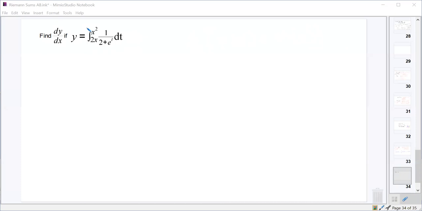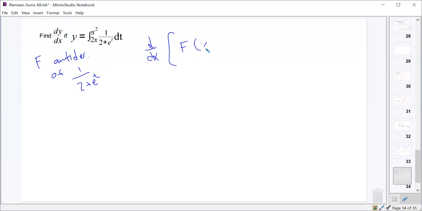We can just do what we did before, where we just find the derivative of both of them now instead of just one. Okay, so we'll call capital F an antiderivative of 1 over 2 plus e to the t. And this will become a derivative with respect to x of capital F of x squared minus capital F of 2x. Everybody good with that?